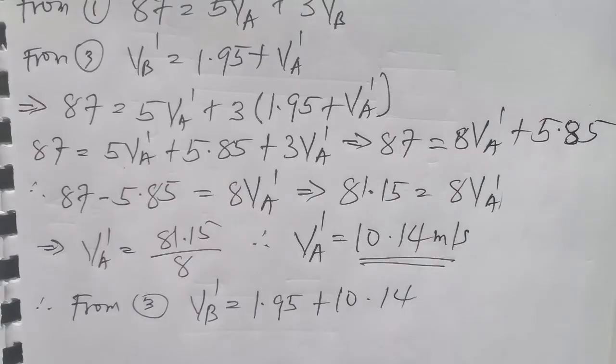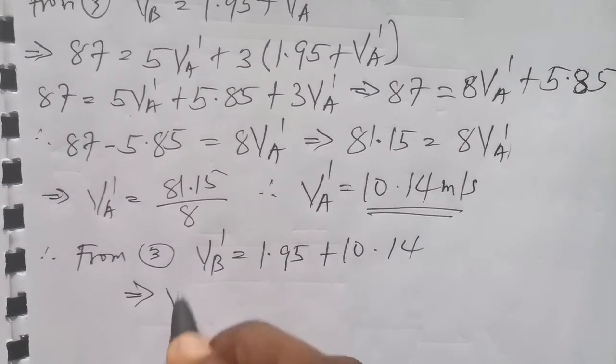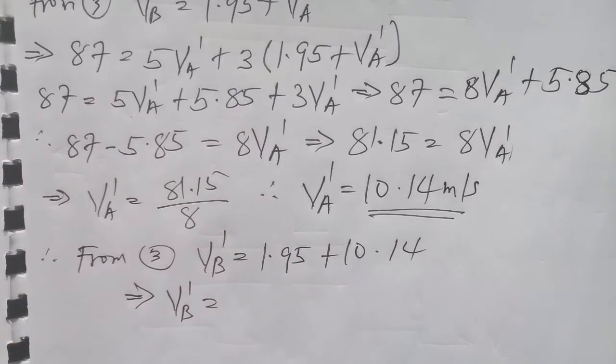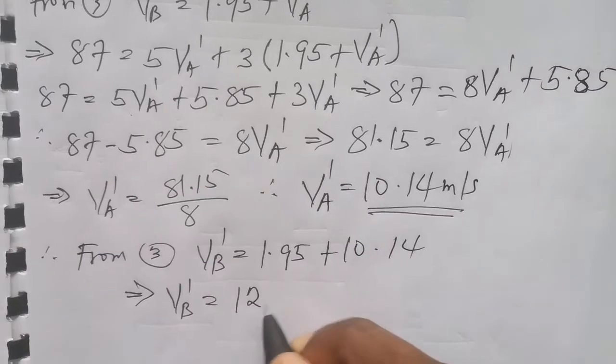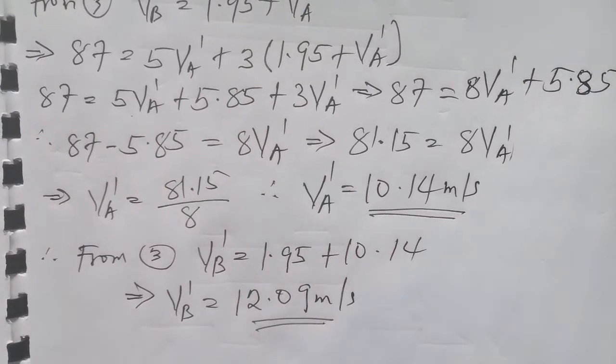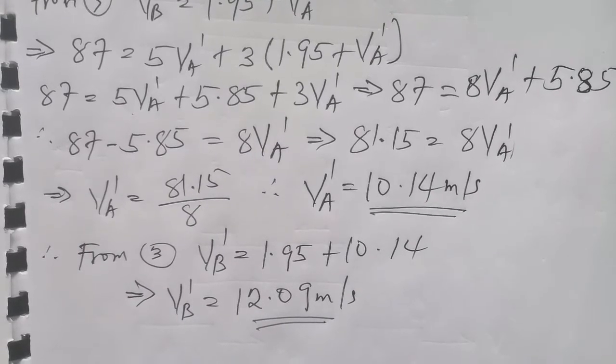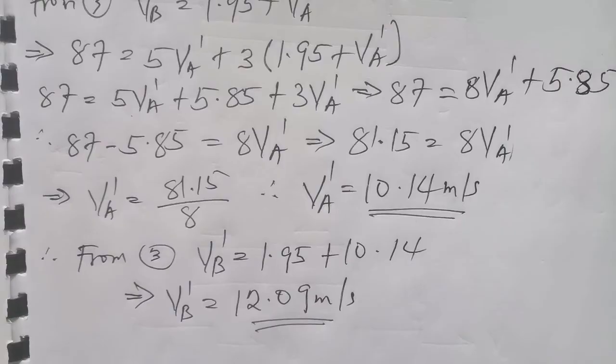So the final velocity of collar B after the impact becomes 10.14 plus 1.95, and that gives us 12.09 meters per second. So these are the final velocities of collar A and collar B immediately after the impact has taken place.